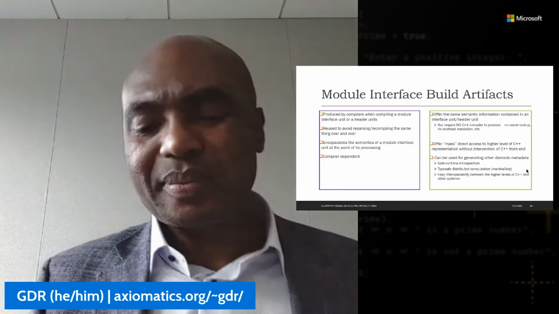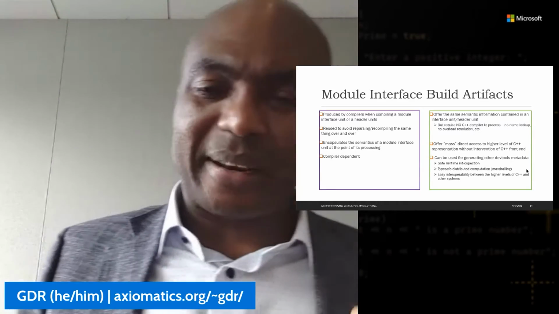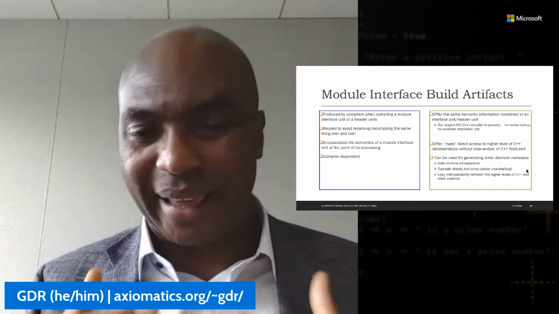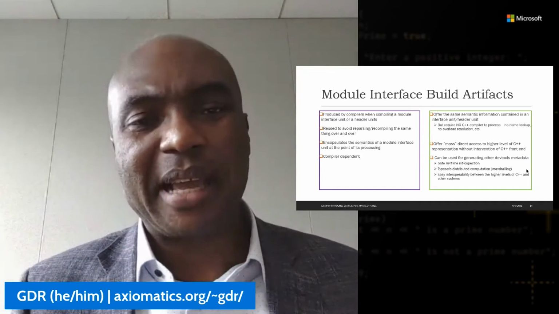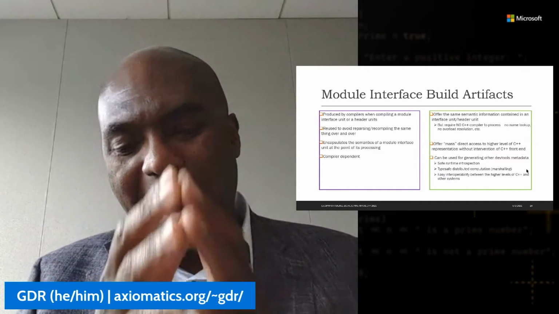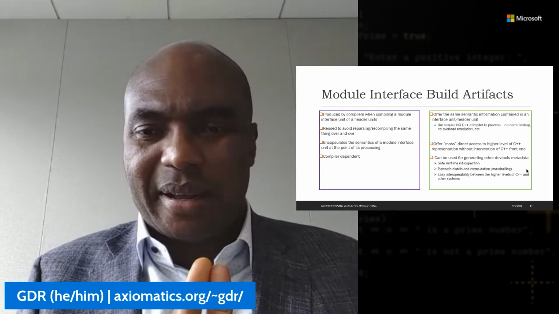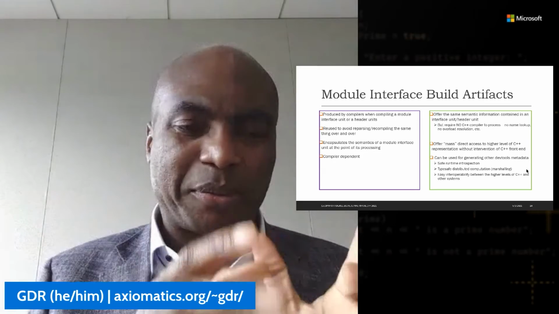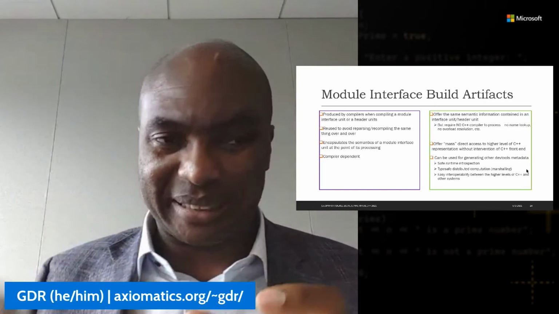With modules, one thing that changed the game of compiling and using modules is that now you have a clear separation of interface from the implementation. You're telling the compiler, this is what everybody else needs in order to use this component.